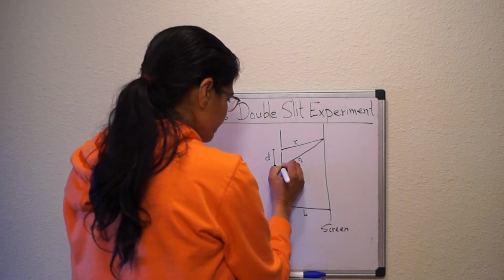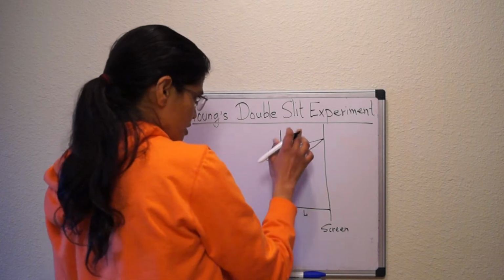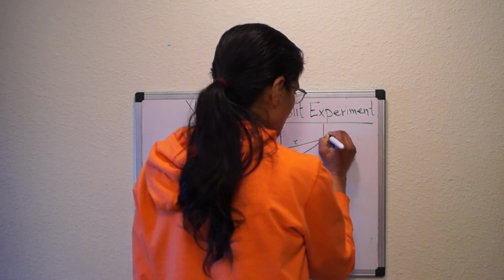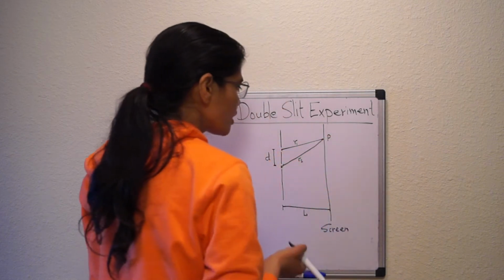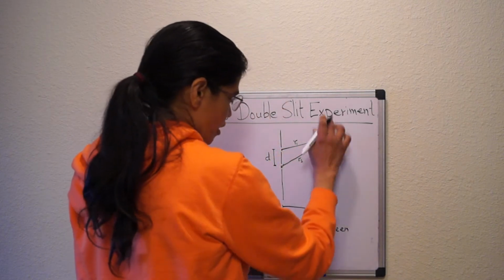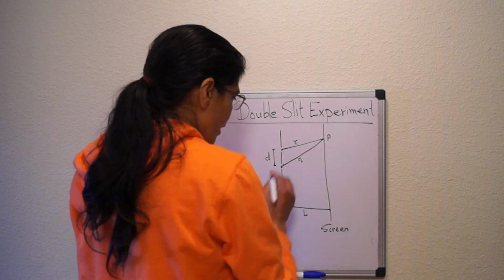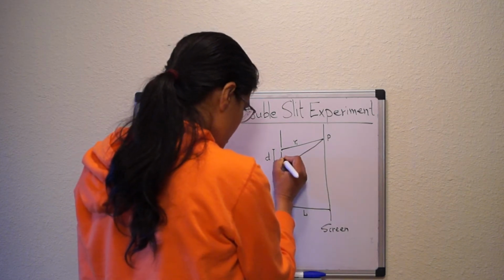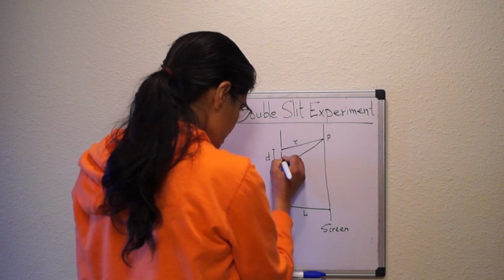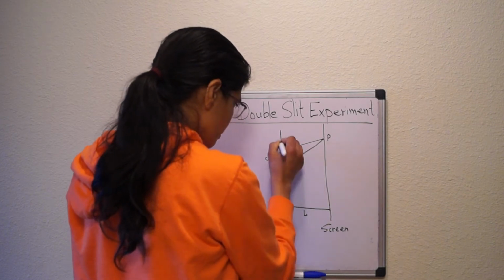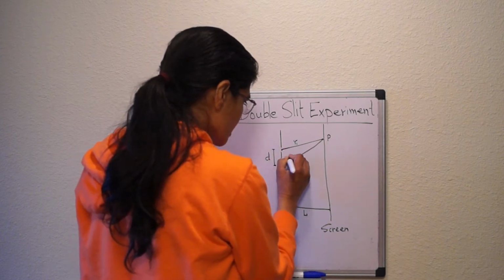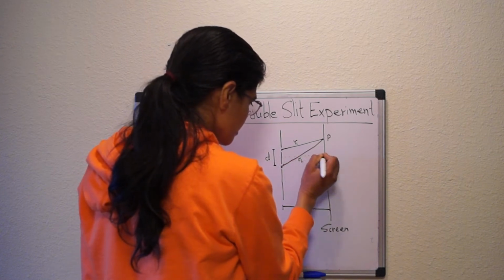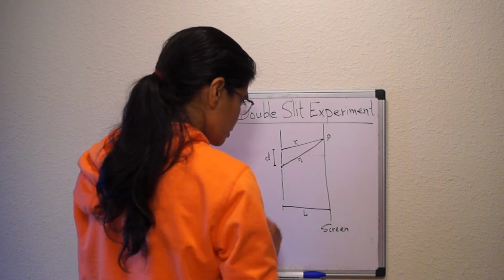Now let's say this is some point P on the screen. Let's look at the center between the slits. I'm going to make this dashed line to represent it.